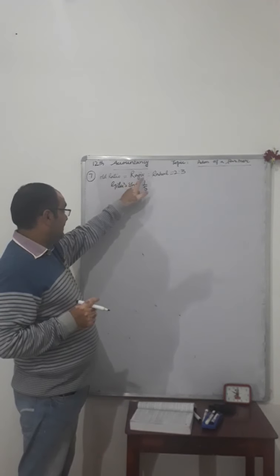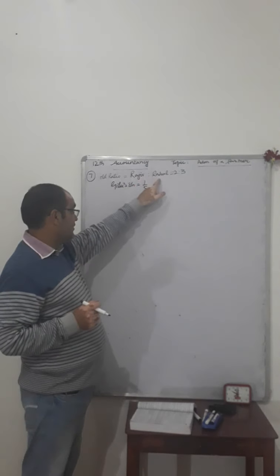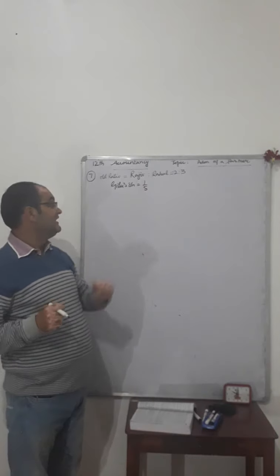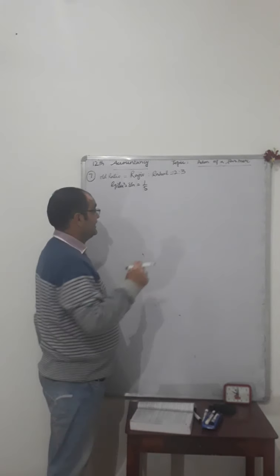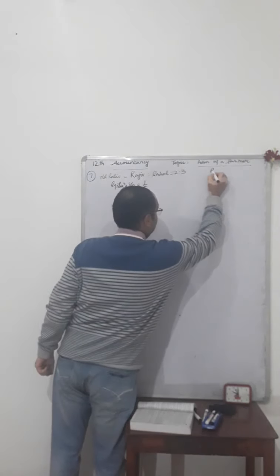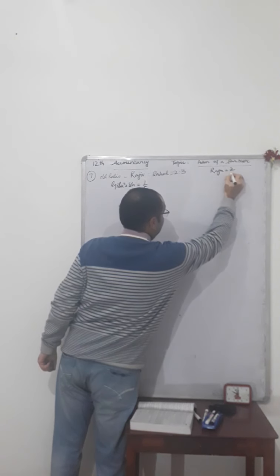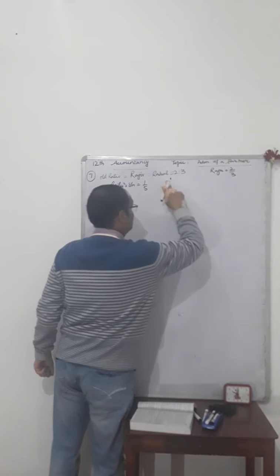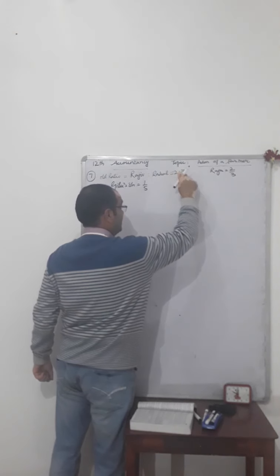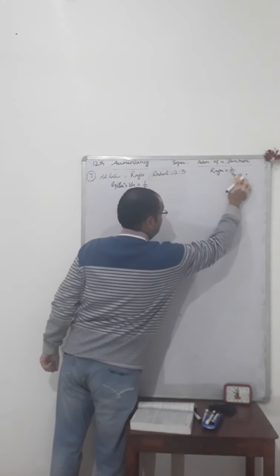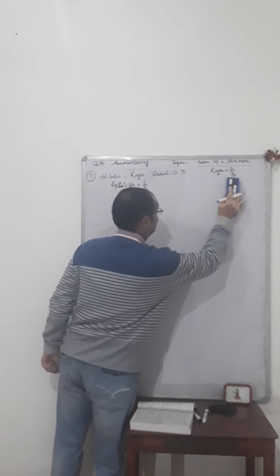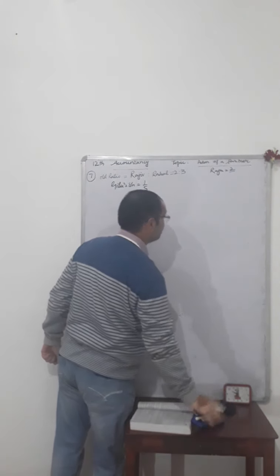Here I would like to tell you one thing, that Raju and Rahul are sharing their profits in the ratio 2:3. That is, Raju's old share becomes 2 out of 2 plus 3, that's equal to 5.